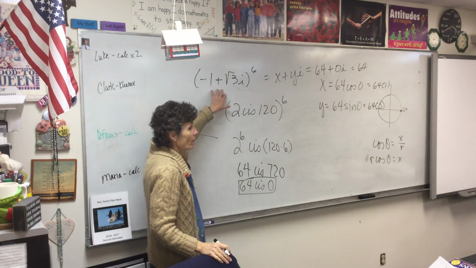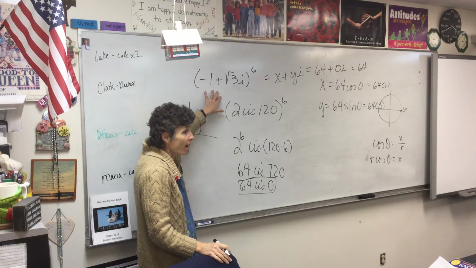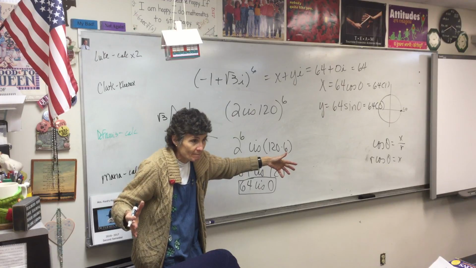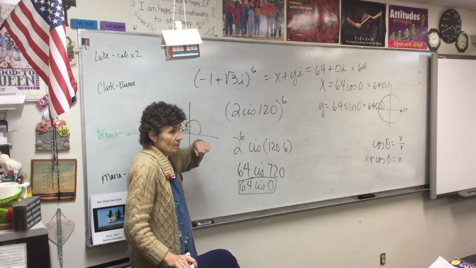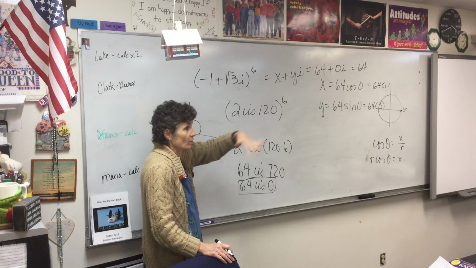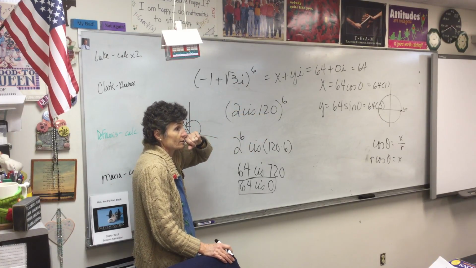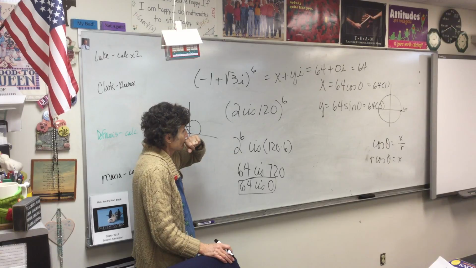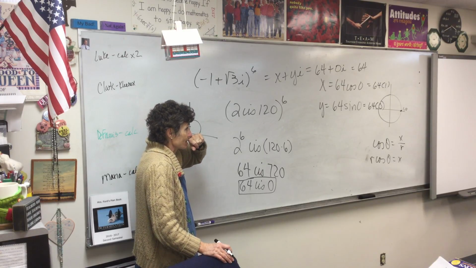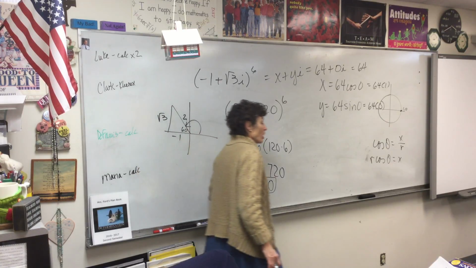If you FOILed this out 6 times, it would eventually just come out to be 64. But I promise you that if you were FOILing this out, you'd still be working on it. It takes a long time to do that. Wow. That's big stuff.